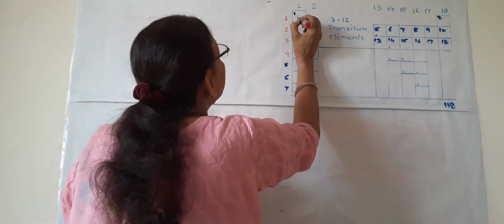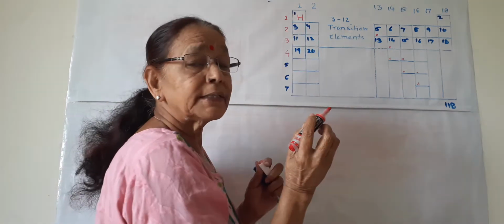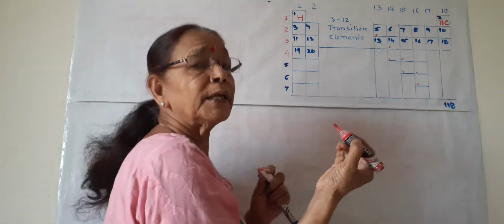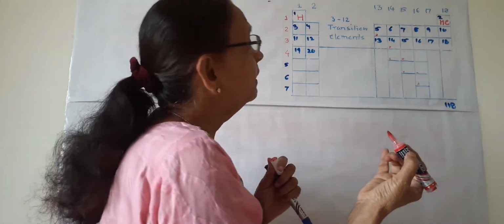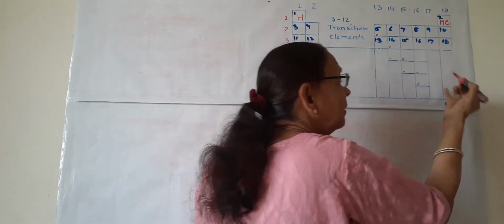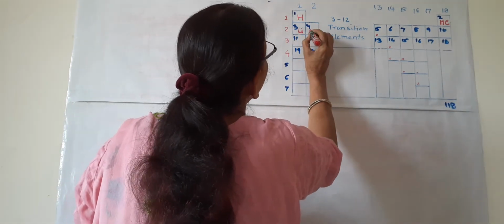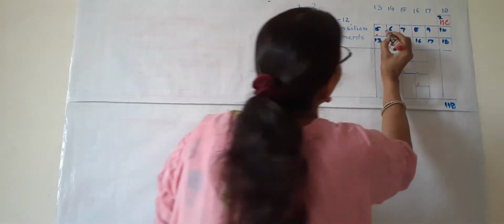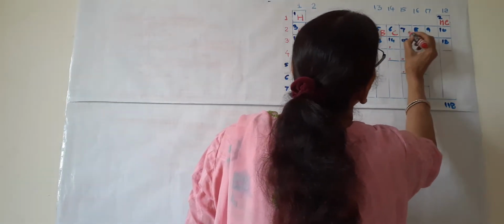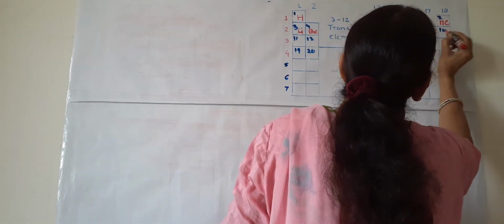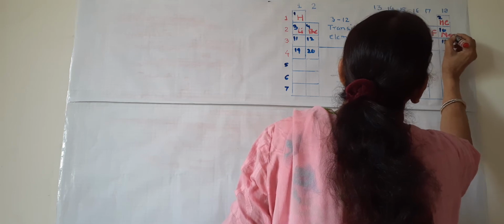First, atomic number 1 is hydrogen, which is the lightest element. Then 2 is helium, which is an inert gas. This column 18 is dedicated to noble gases or inert gases, and all are present in this column. And third is lithium, beryllium, boron, carbon, nitrogen, oxygen, fluorine and neon.